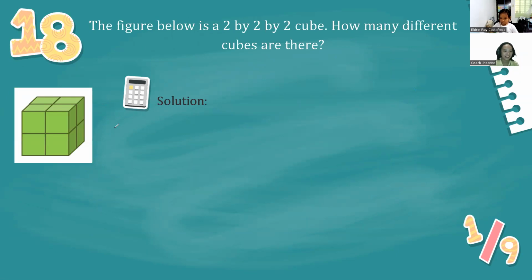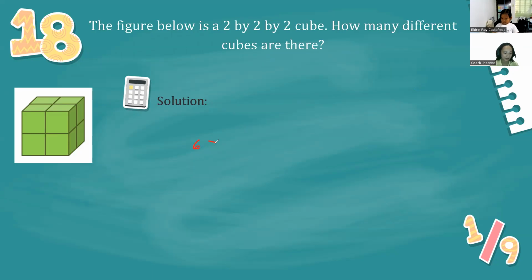So as I said earlier, a cube has how many square faces? Is it 5? It's 6.